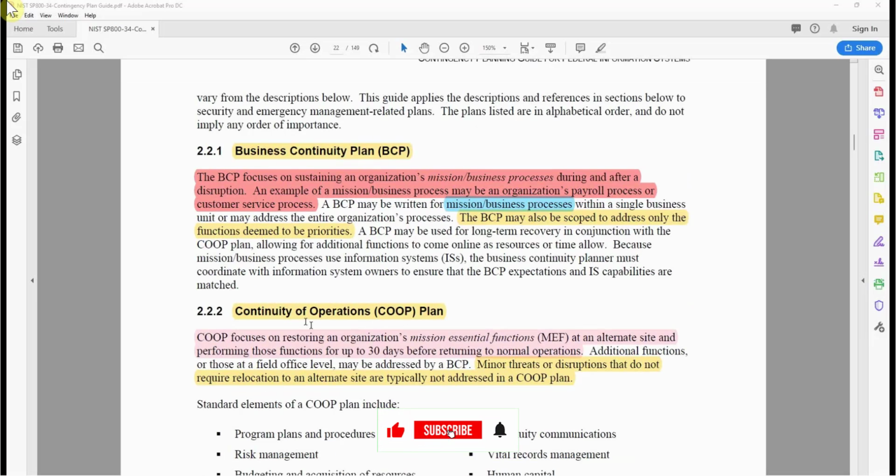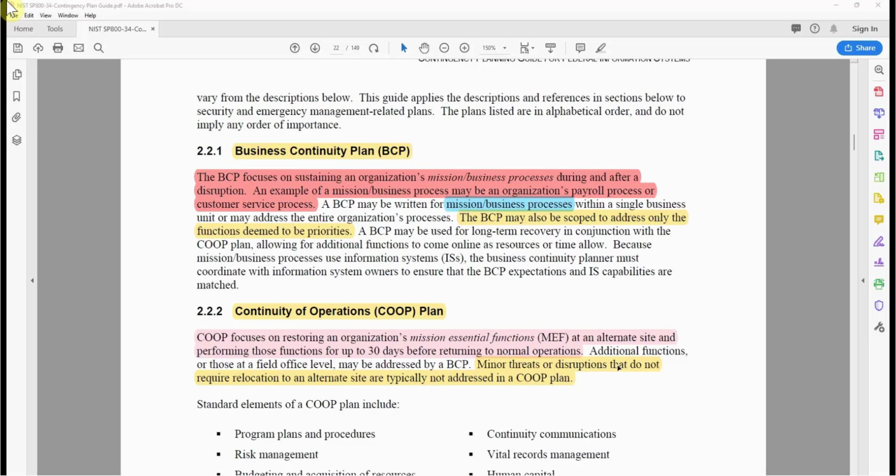The second plan described in this document is the Continuity of Operations Plan. That is the COOP, right? The COOP focuses on restoring an organization's mission essential functions, MEF, at an alternate site and performing those functions for up to 30 days before returning to normal operation.